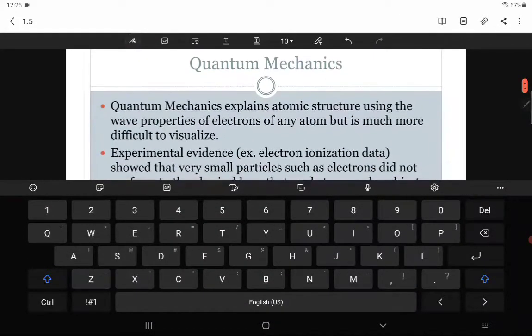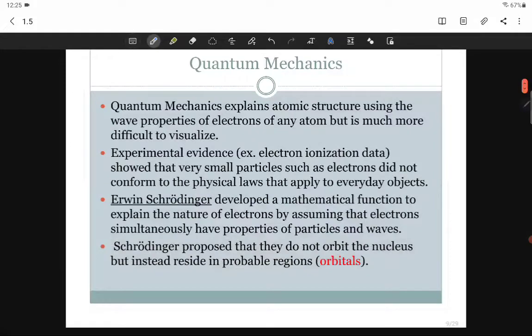Okay, so our last model, or our most current model, is the quantum mechanical model, the Schrodinger model. Again, it goes by a lot of different names. But this model does use data. So it's not just completely theoretical. It does use lots of data, actually.